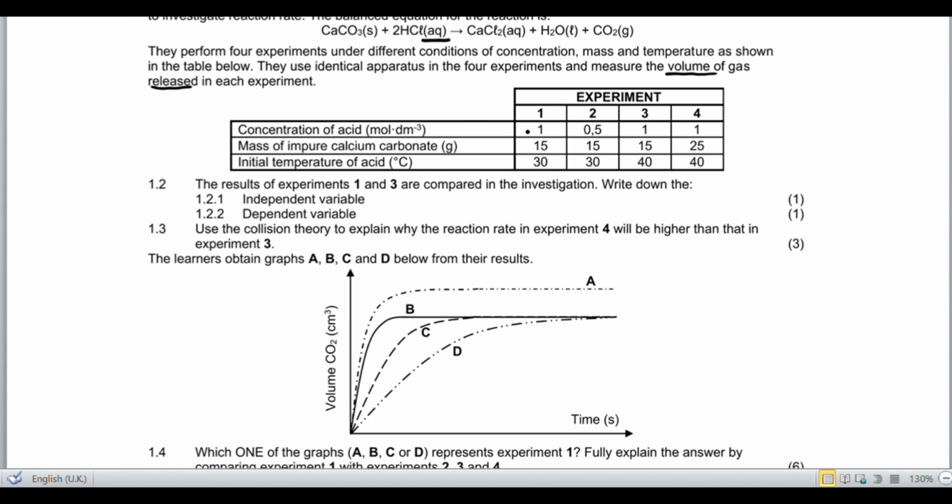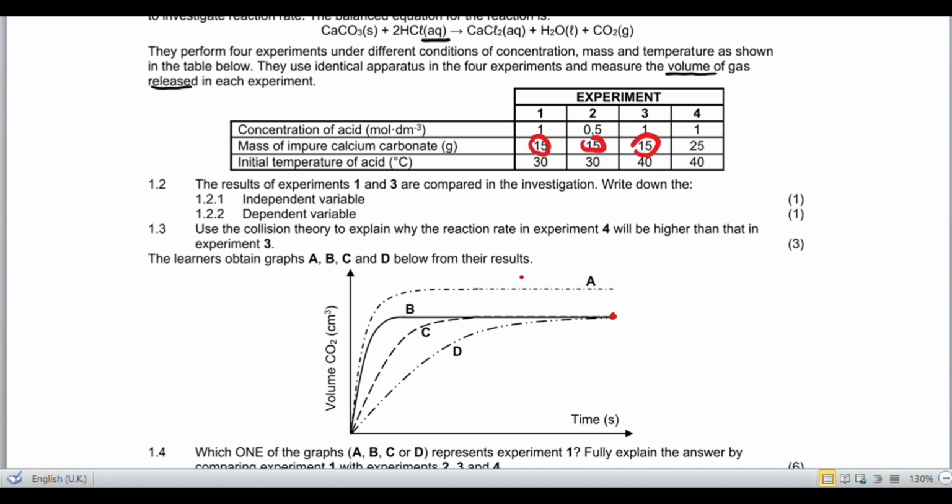So these 3, where are we going to take them? We take them at the same mass. The mass here is 15, and here it's 15, and here it's 15, which means these 3, B, C, D, have the same mass because they give an equal amount of gas, an equal volume of gas at the end, which means they have the same mass initially.